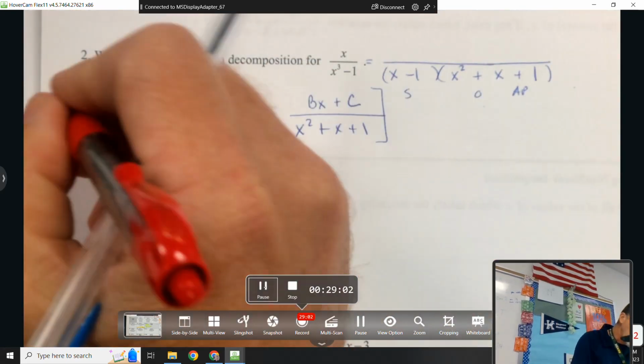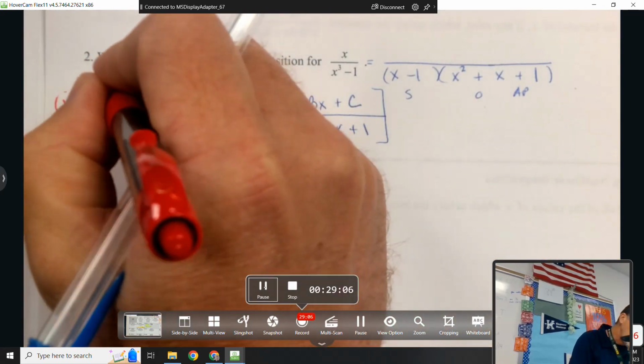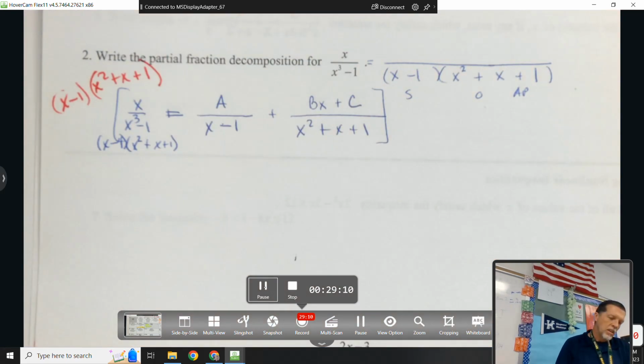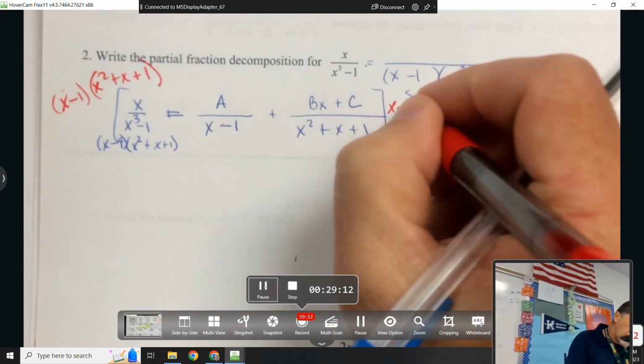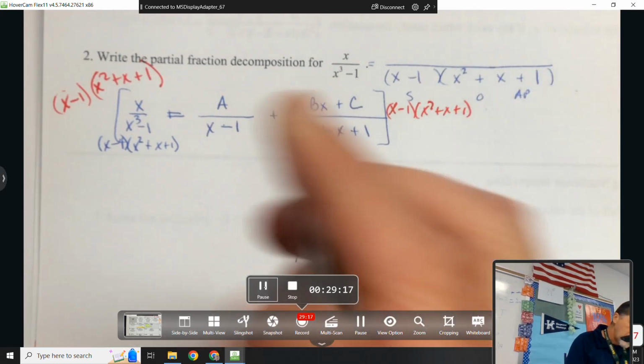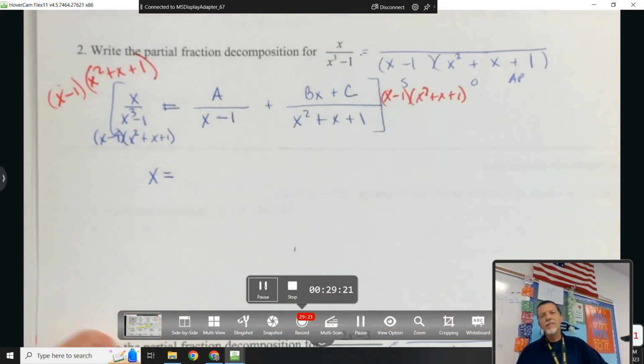All right, so let's multiply everybody by x minus 1 and x squared plus x plus 1. This is kind of a side note. I've tried to warn you guys about showing your work, because many of you are great math students, which is fabulous, which means you're able to skip a lot of steps.